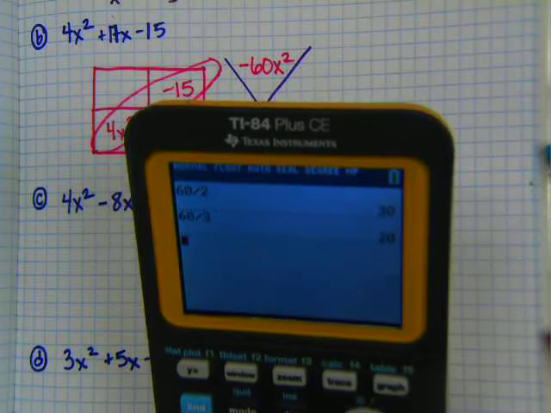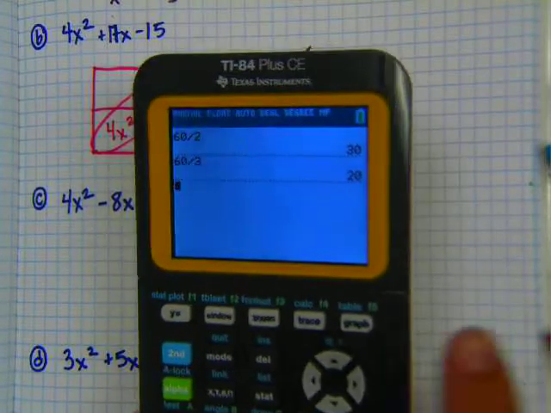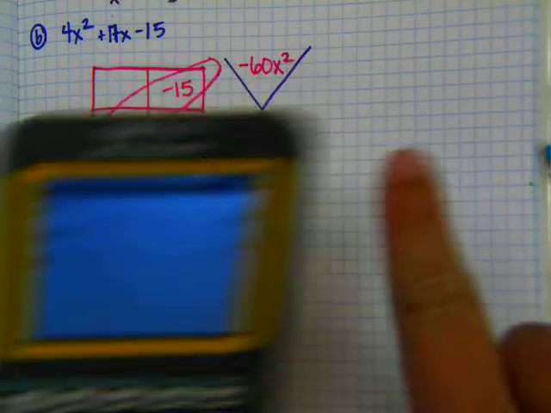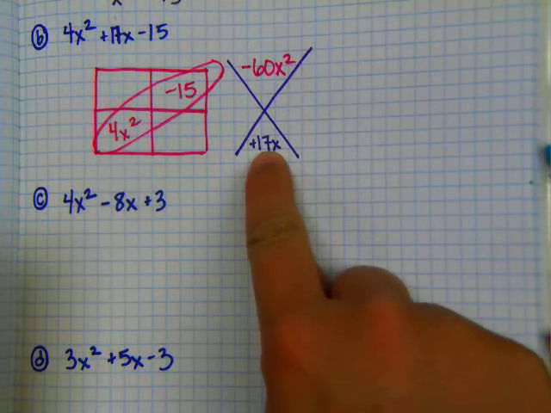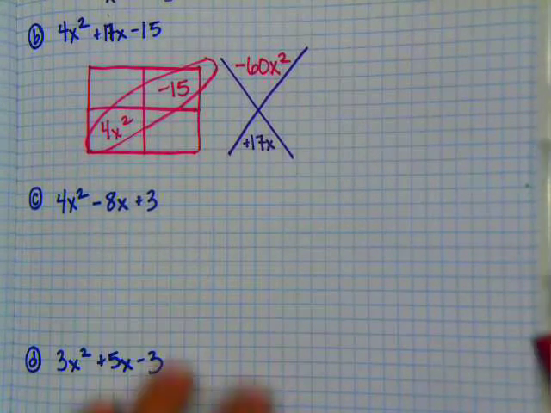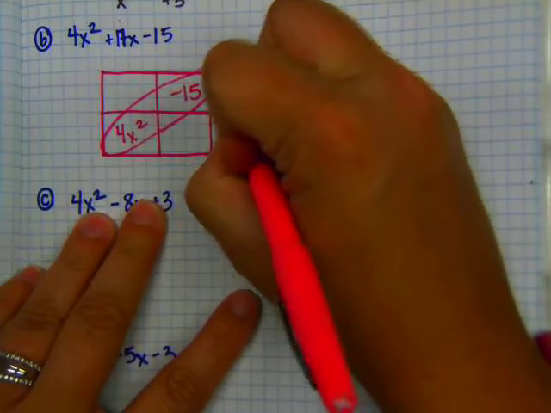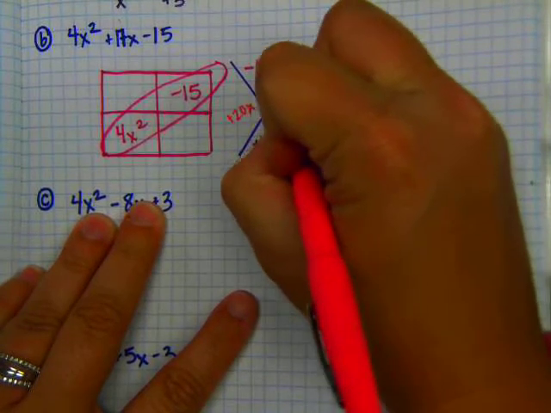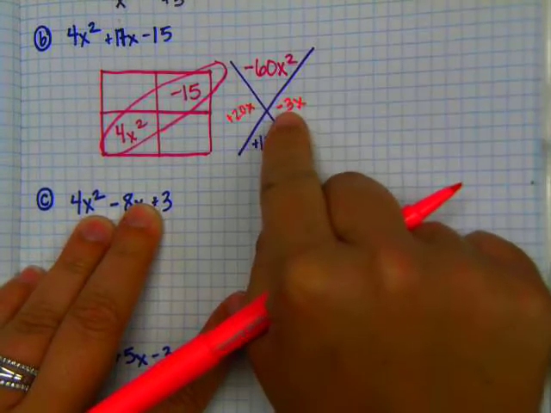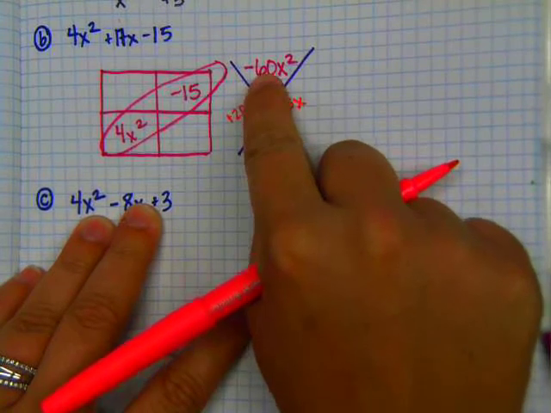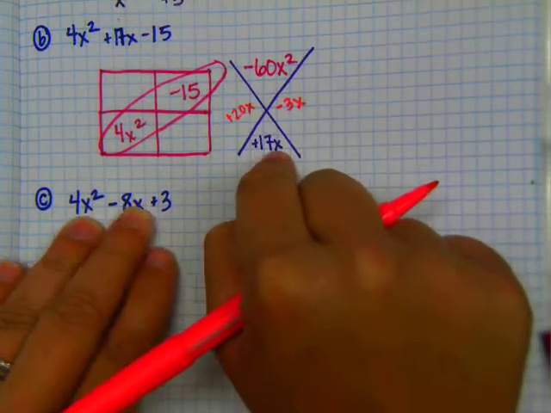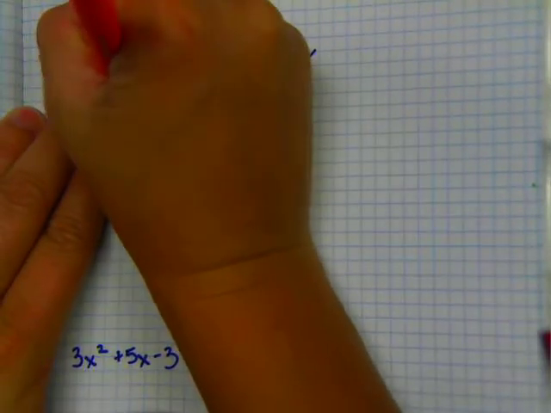That's 20. Well, if I have 20 and 3, can I make a 17? Yes, right? I can do plus 20x minus 3x. 20 times negative 3 is a negative 60. 20 minus 3 gives us that 17. So that's how you're going to do that.